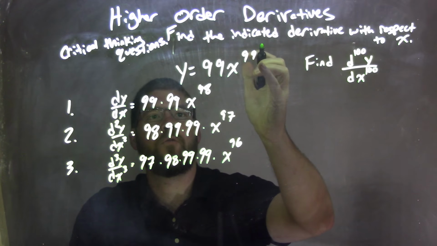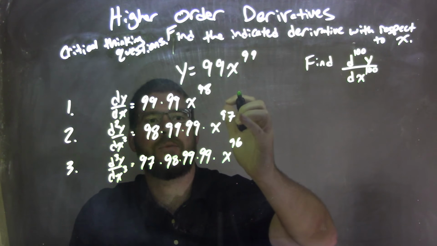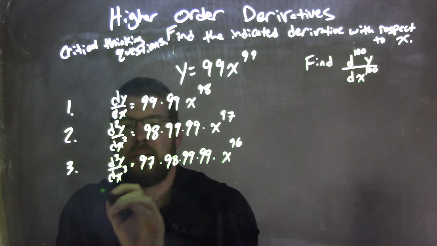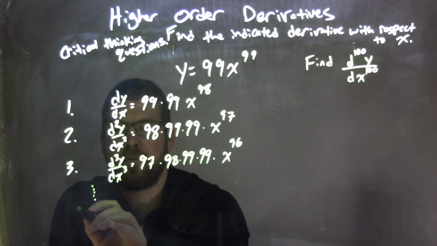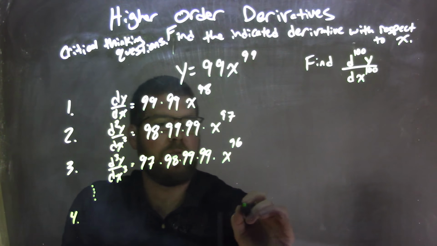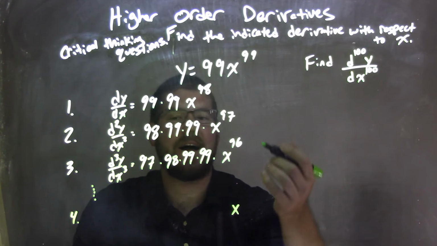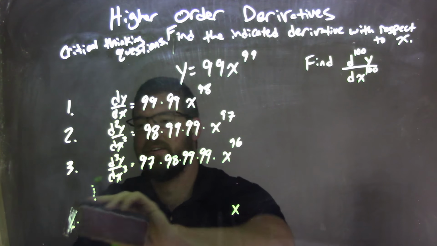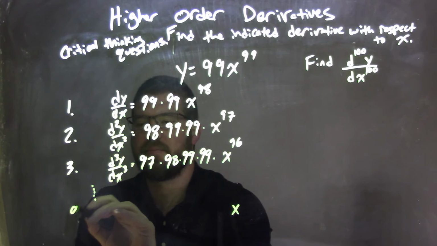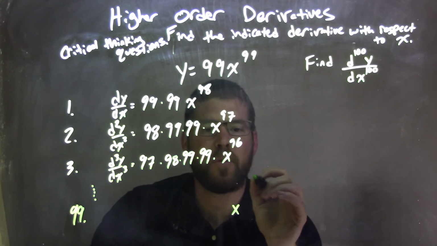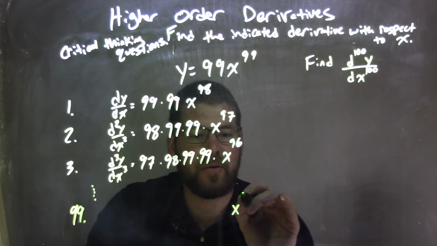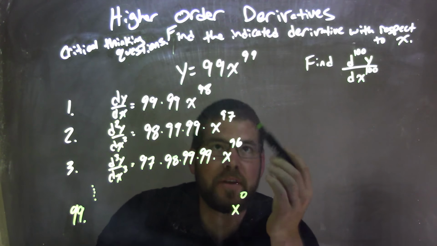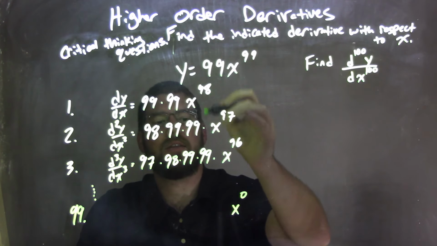So our first derivative is subtracted by 1, second derivative by 2, third derivative by 3, and so on. For the 99th derivative, we subtract our exponent by 99, so we're going to get a 0 up there.